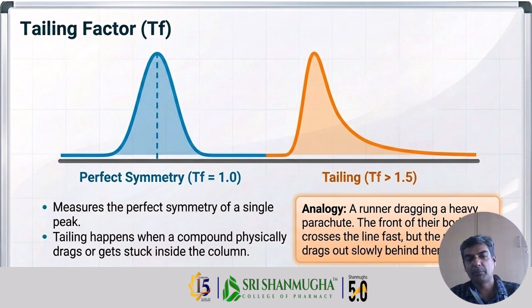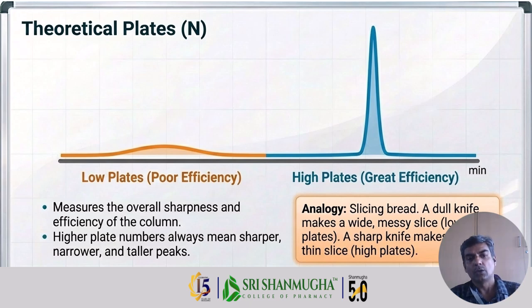Now, along with the shape, we also want sharpness. That leads us to our next parameter, theoretical plates. What does theoretical plate mean? It represents the efficiency of the column. In simple terms, they tell us how sharp and narrow the peaks are.